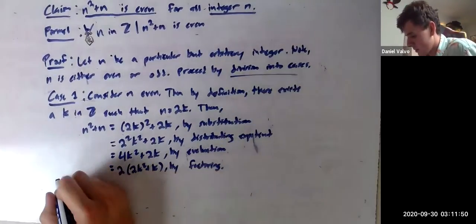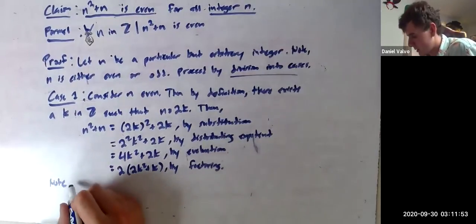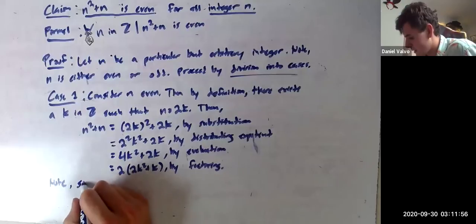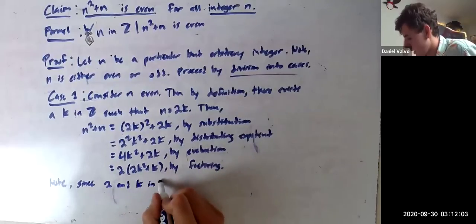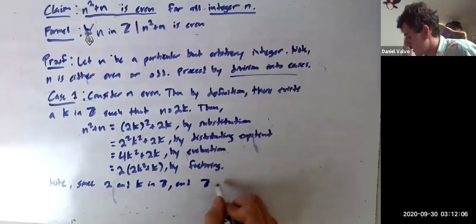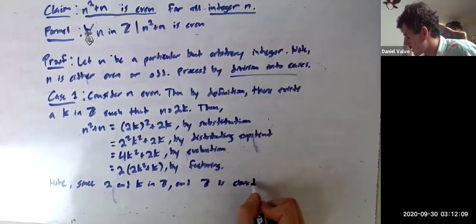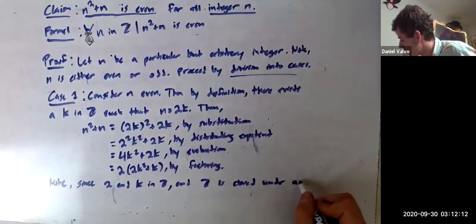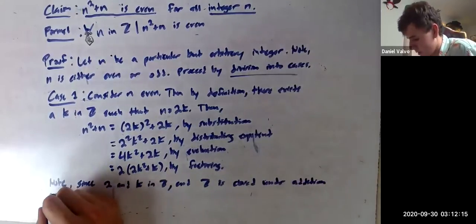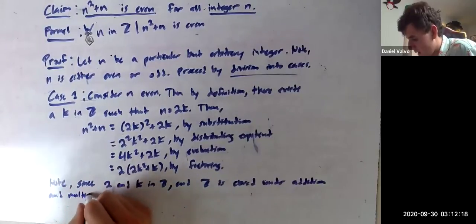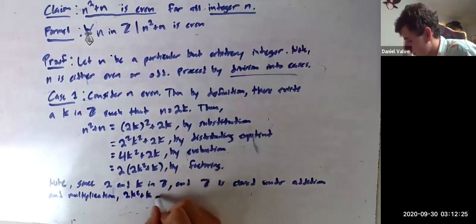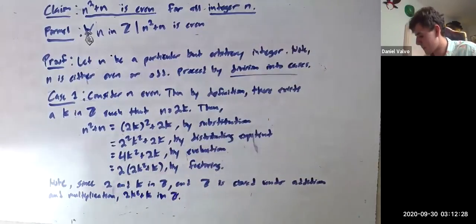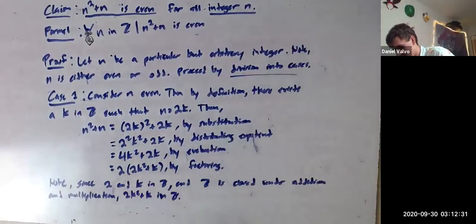So note that since 2 and k are in Z, and Z is closed under addition and multiplication, 2k squared plus k is in Z. Make sense?